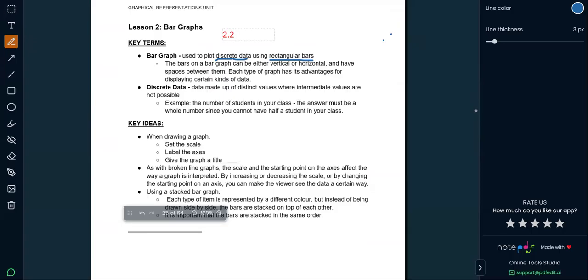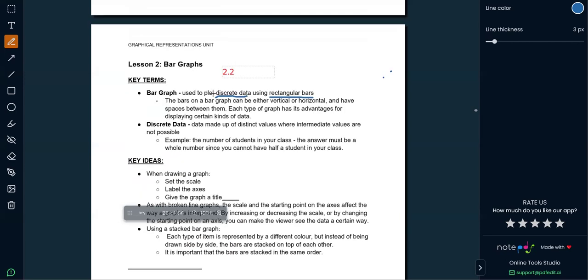But again, you are plotting a bunch of data here. And specifically, discrete data is just real numbers. It represents something; there's a counted number of them. So discrete data here is made up of distinct values where intermediate values are not possible.